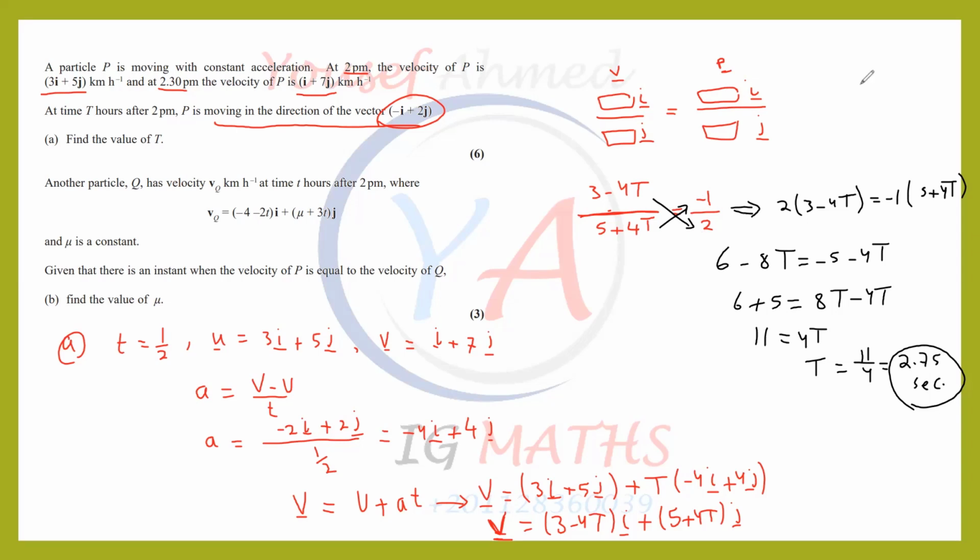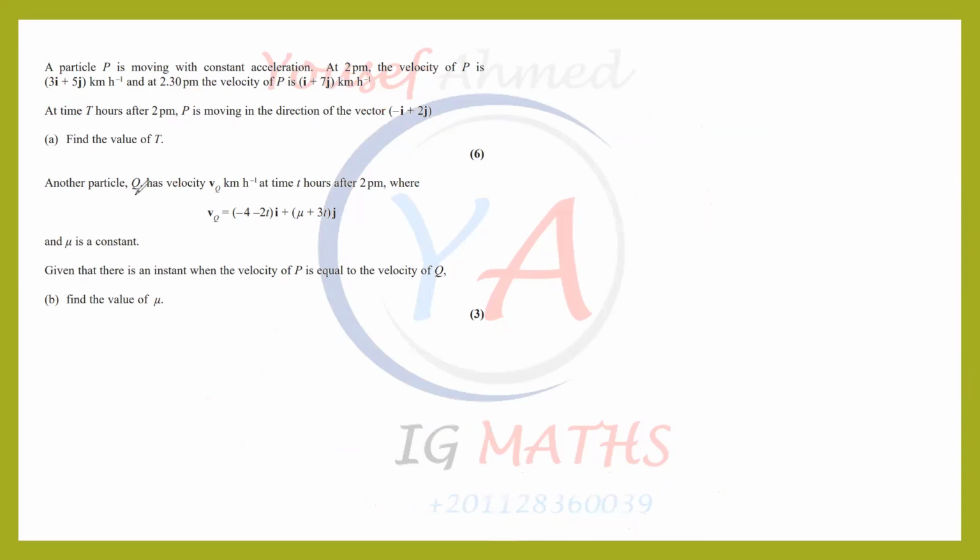To work on part B, it says another particle Q has velocity VQ kilometer per hour at time t hours after 2 p.m., where VQ is equal to (negative 4 minus 2t) i plus (mu plus 3t) j, where mu is a constant, given that there is an instant when the velocity of P is equal to the velocity of Q. So we just got now the main vector for the v.